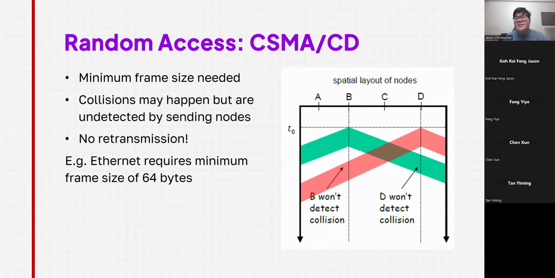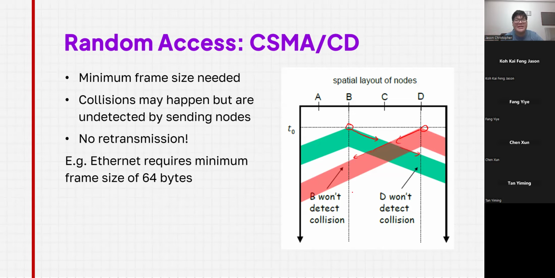Then there is a possibility that, for example, if I only send 1 bit, and another person also sends 1 bit, it's possible that it can collide in the middle, but you will not detect a collision. So this comes down to how a node detects collision. Collision can only be detected if you receive any amount of data while you are transmitting.